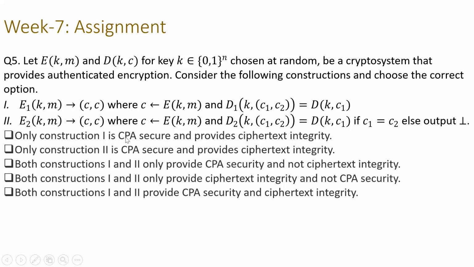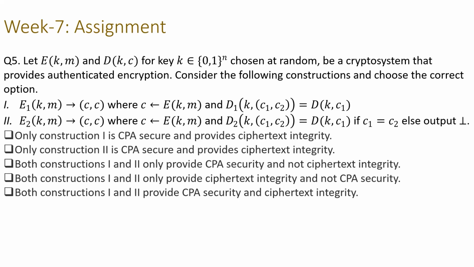So, when considering the CPA security scenario, the adversary has access to some encryption oracle, right? Let's say it has two plaintexts M0, M1, and the challenge ciphertext is some ciphertext encrypting either M0 or M1, right?